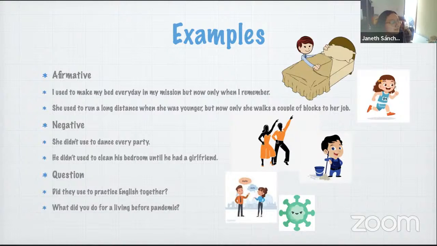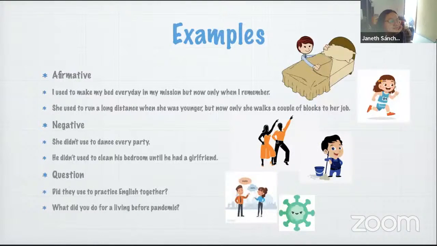In the negative, the example is, she didn't use to dance at every party. We don't use used with the d, because we use didn't, and did is past, so we only use use to without the d.